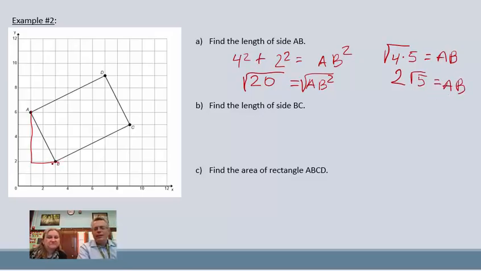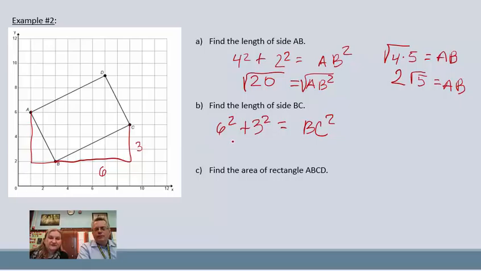Okay, now find the length of BC. My hope is that students are getting more and more familiar with square roots. It takes practice, so you've got to keep practicing, but after a while, you won't even think about it. You just automatically do it, and we hope you get there. All right, so this is 6 squared plus 3 squared.